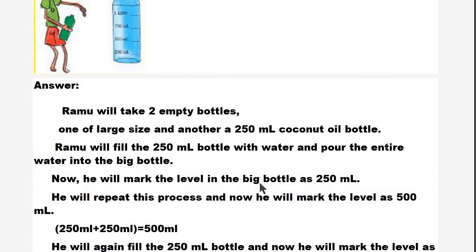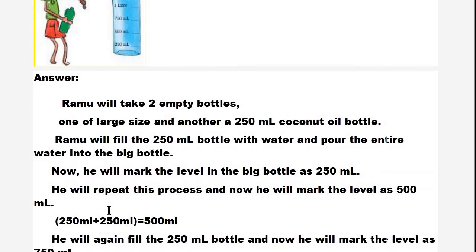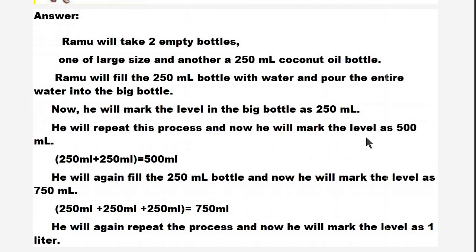He will mark the level in the big bottle as 250 ml, then repeat the process and mark the level as 500 ml.